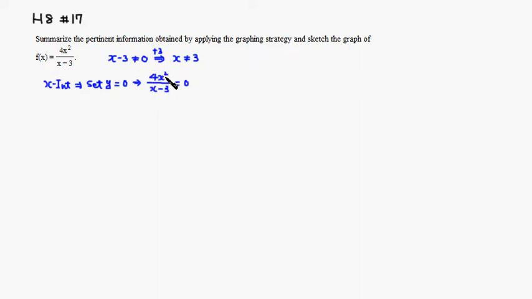If you want the fraction to be 0, all we have to make sure is that the numerator is 0. So we have 4x squared equal to 0.